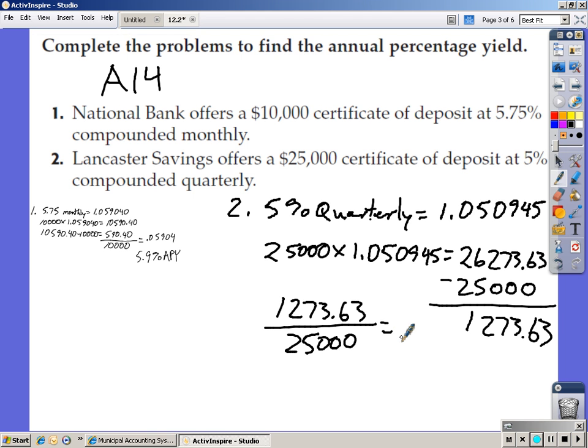Okay, and you end up with 0.050945. Which works out to be 5.095% APY. Okay? All right.